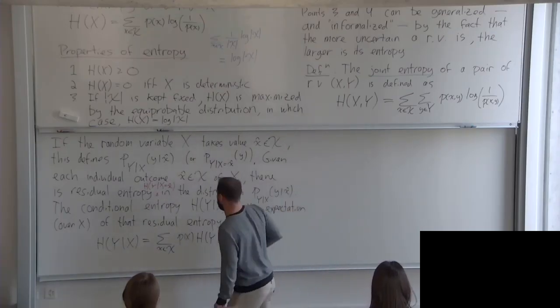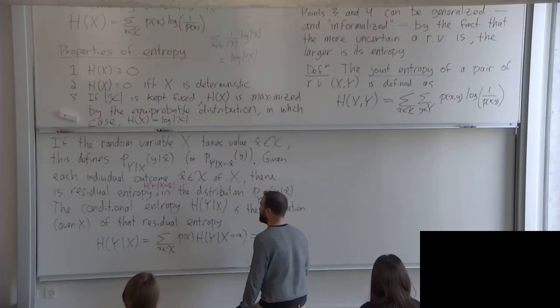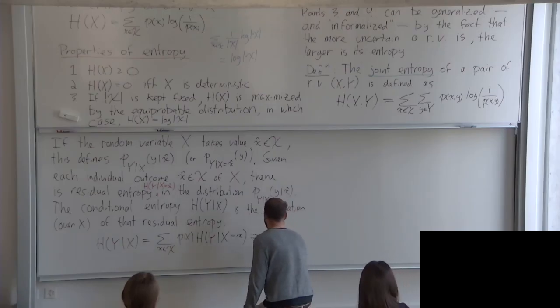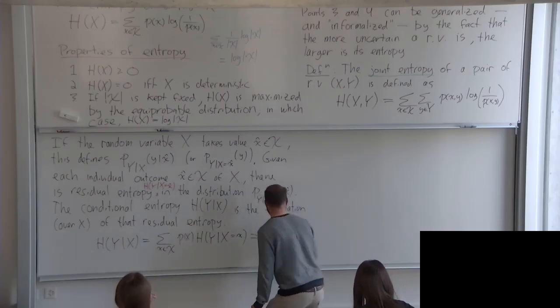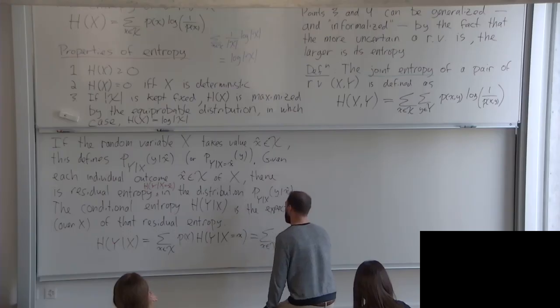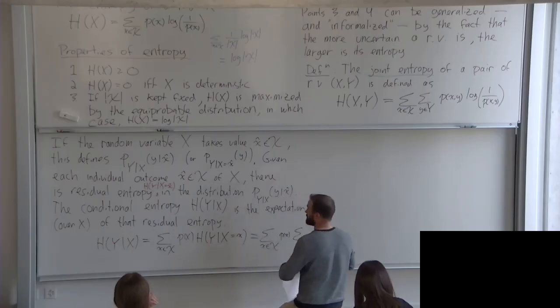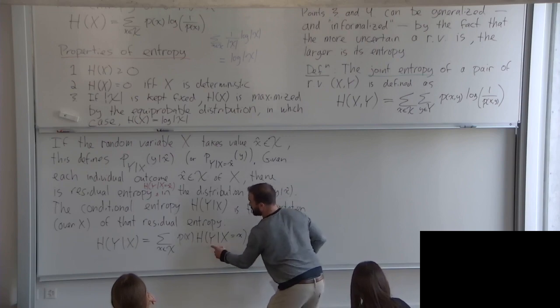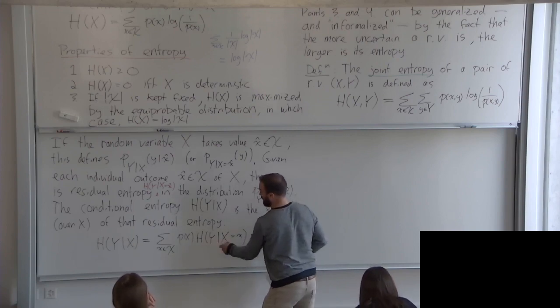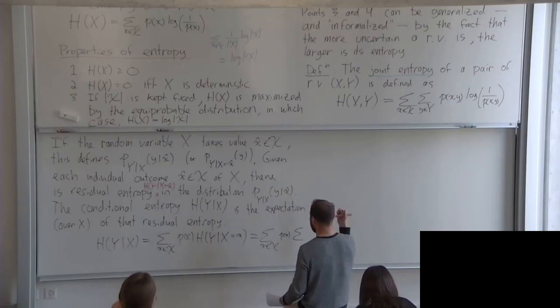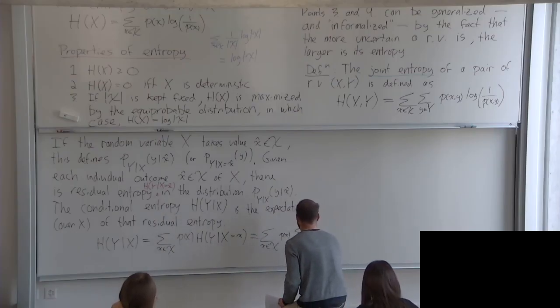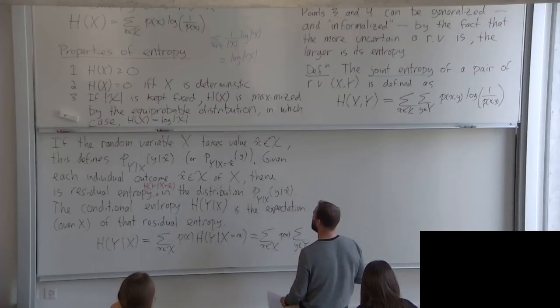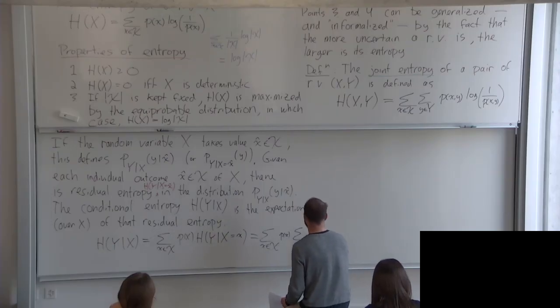I could do one more line, if you want. Sum over x in cal X, p of x, sum, because in the definition of the residual entropy there's a sum over y, because that accounts for all the possible y outcomes. Y in cal Y. And then we have p of y given x.